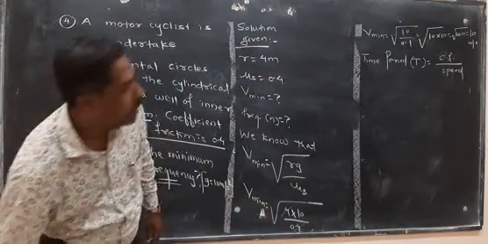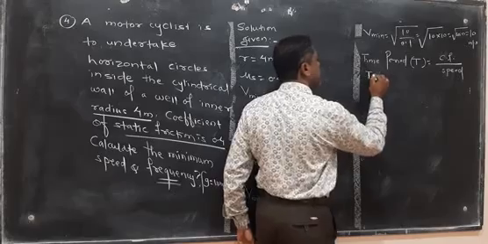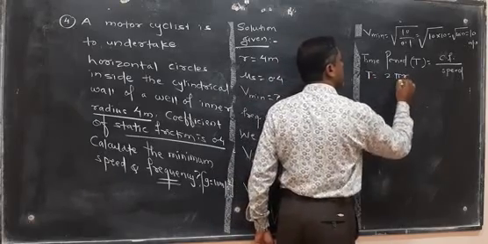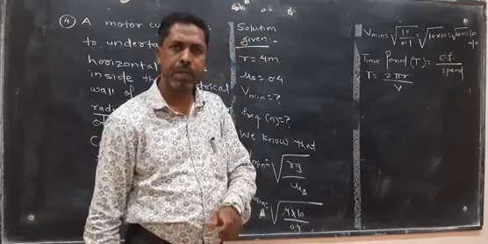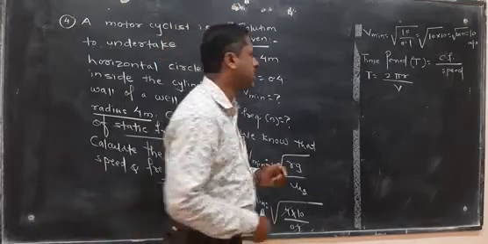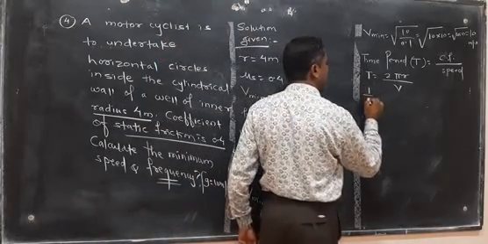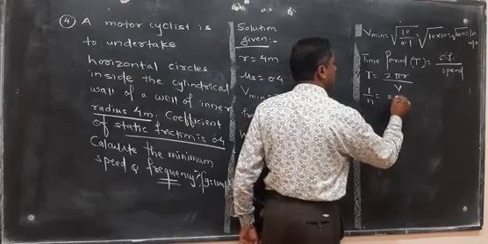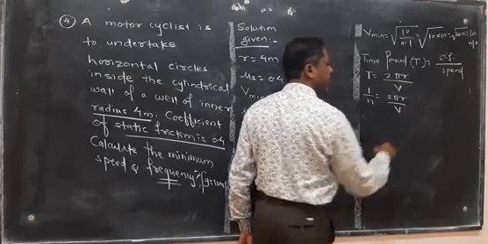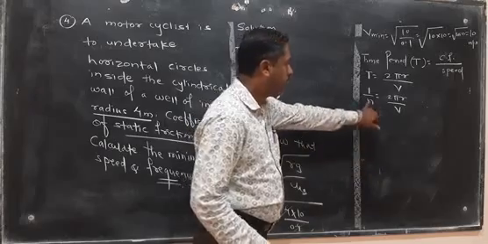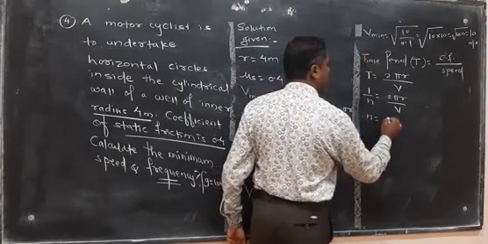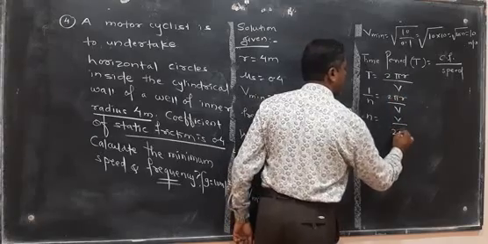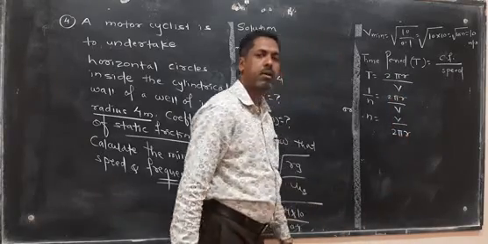The mathematical equation is T is equal to circumference 2 pi r upon speed v. The period is the reciprocal of frequency, so we can write it this way: 1 upon n is equal to 2 pi r upon v. We have to calculate frequency n, so n is equal to v upon 2 pi r.